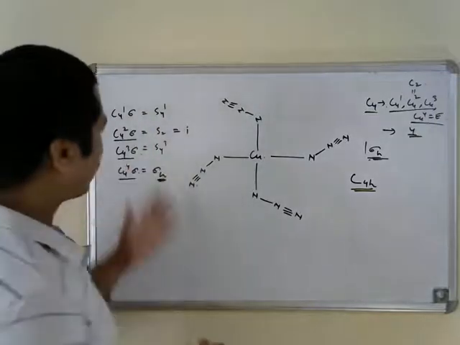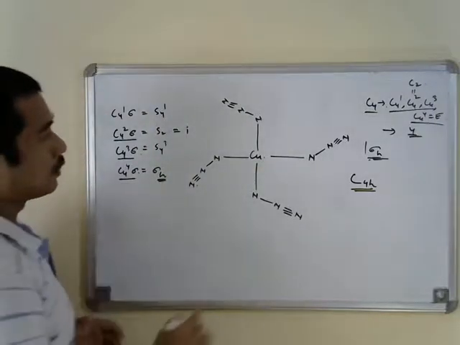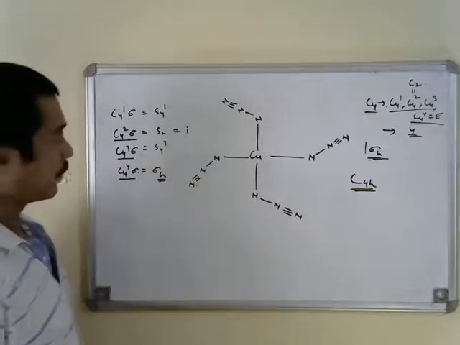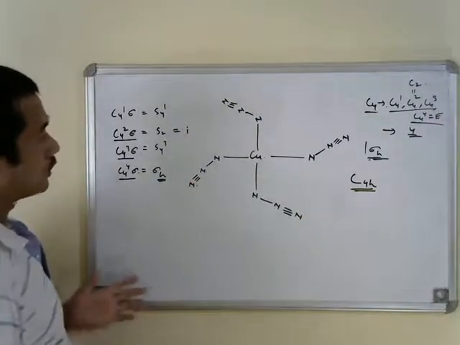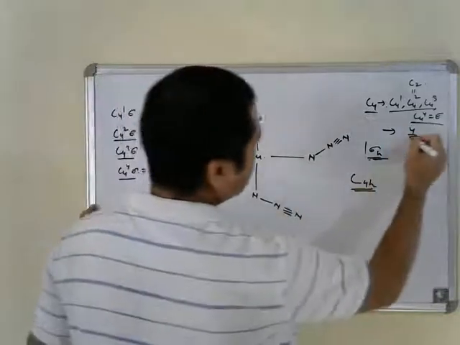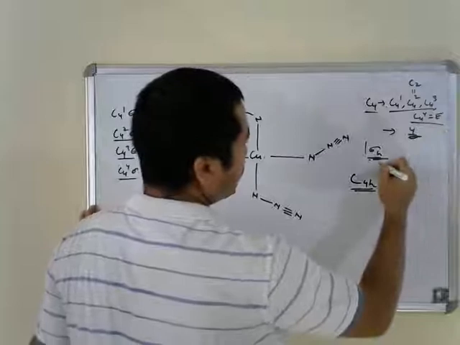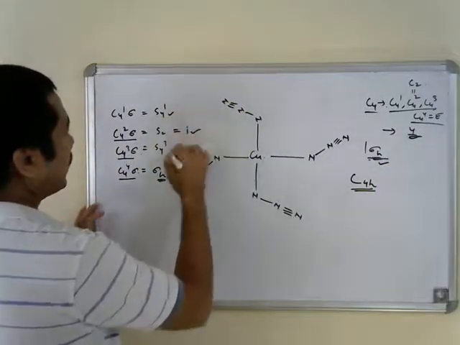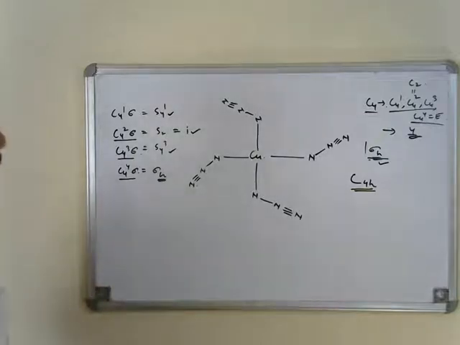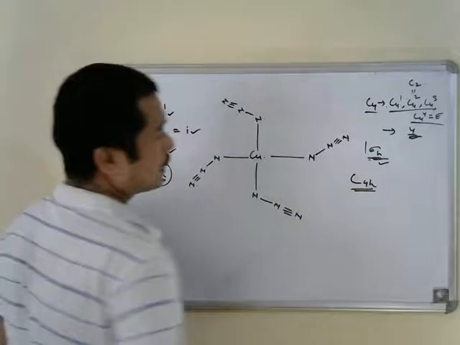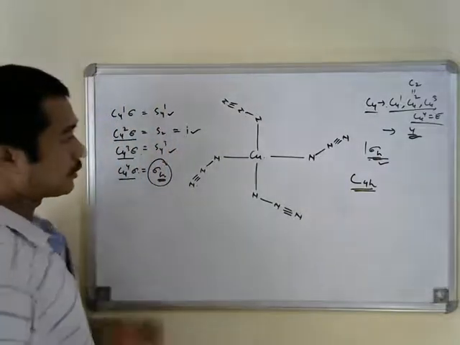So all these symmetry operations are also present along with the symmetry operations of C4 and sigma H. If you count all these symmetry operations, you will find that there are 4 symmetry operations from C4, sigma H, that is 5, and then 6, 7, 8. A total of 8 symmetry operations are present in this molecule. This sigma H we have already counted, so we are not counting it once again.